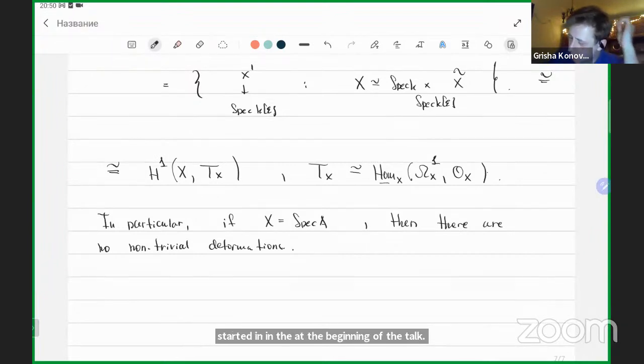What I wanted to say is that if X is smooth and affine, there is no coherent cohomology, and all of the deformations must be trivial.